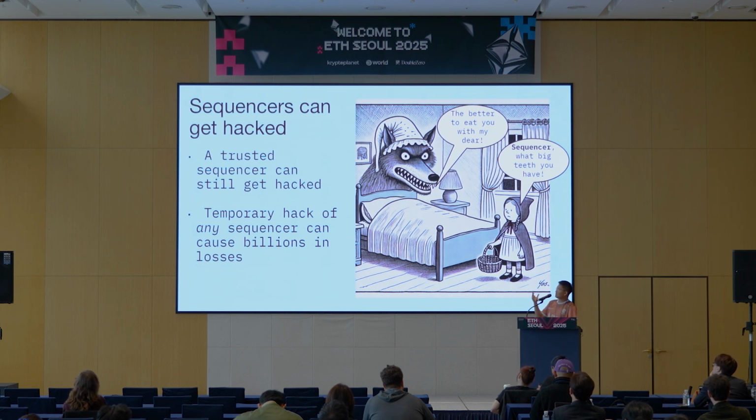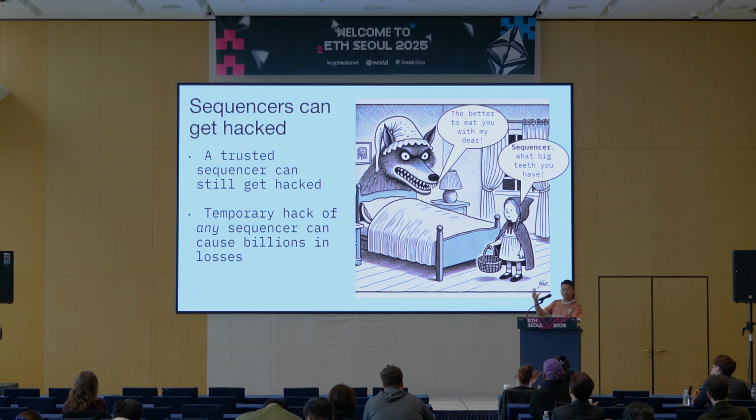The truth is, if you were to hack any sequencer, like a big sequencer, you could potentially cause even billions of losses, even if it's a temporary hack. How do you do that? All you need to do is have a hacker confirm a transaction on Arbitrum that deposits many millions of dollars into a bridge or into Binance or Upbit.